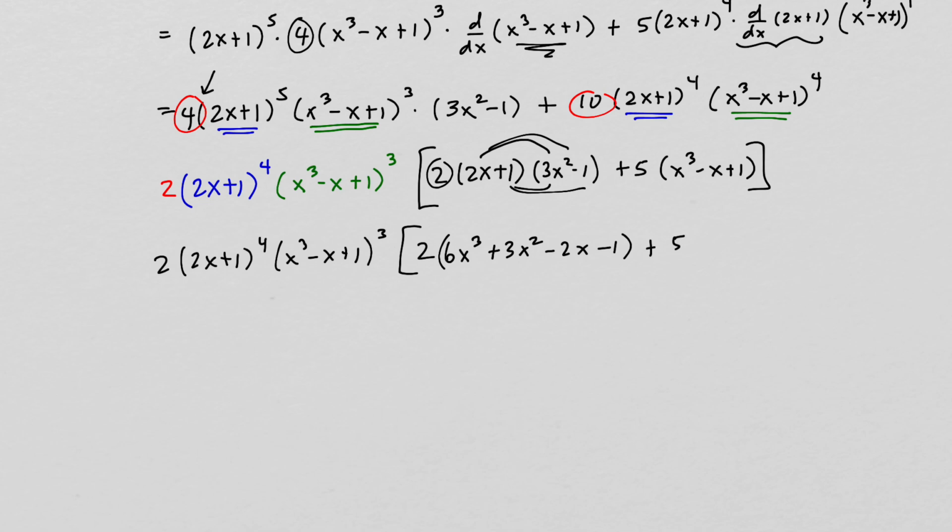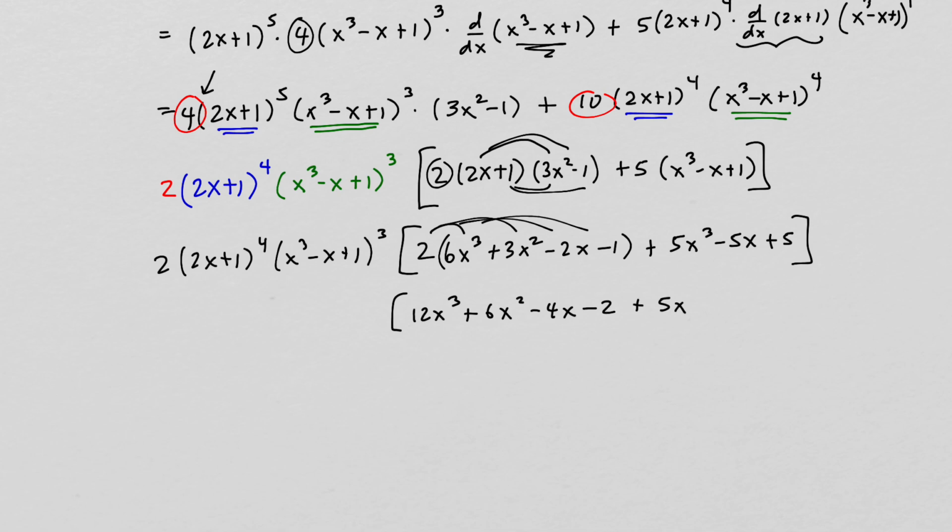And then we have 5 times x cubed minus 5 times x plus 5 times 1. And then I have to distribute here, and that is going to give us 12x cubed plus 6x squared minus 4x minus 2 plus 5x cubed minus 5x plus 5.